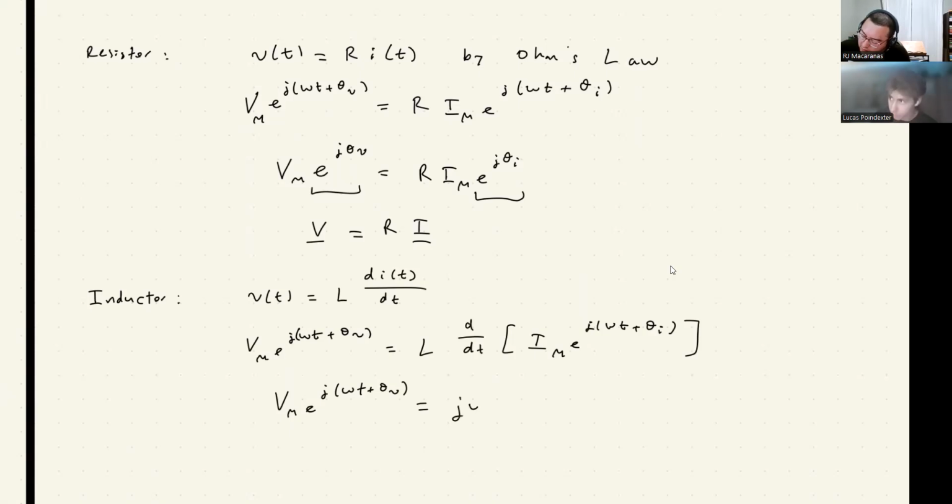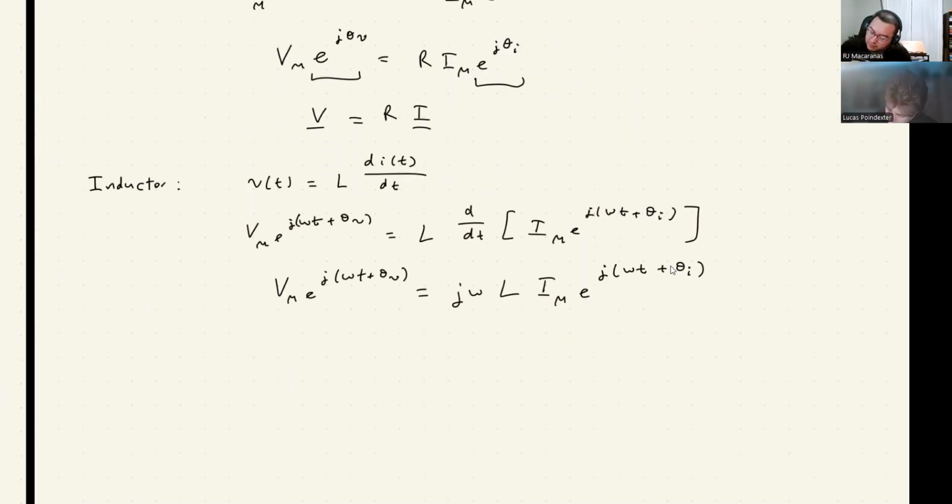So I'm left with j omega times L times I sub m, and this whole thing just stays e to the j times the quantity omega t plus theta I. I proceed by canceling out the j omega t's again. So I'm left with V sub m times e to the j theta v equal to j omega L I sub m e to the j theta I.